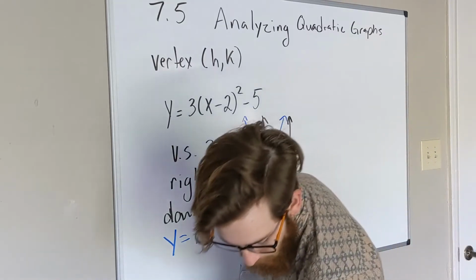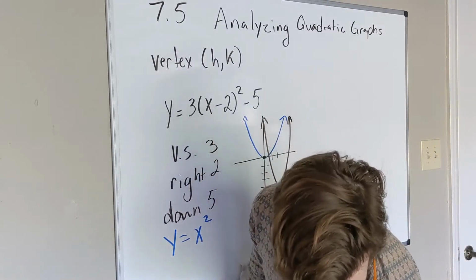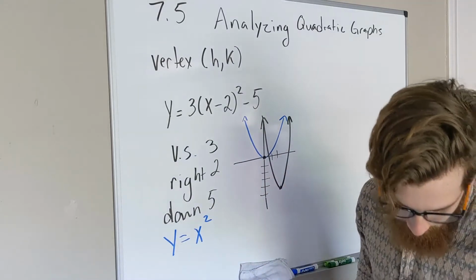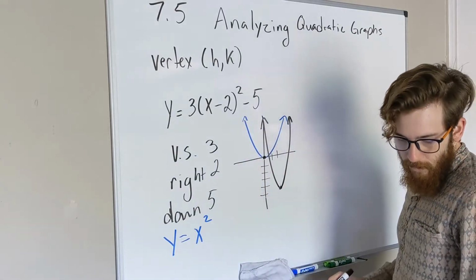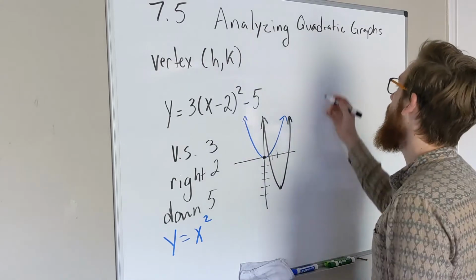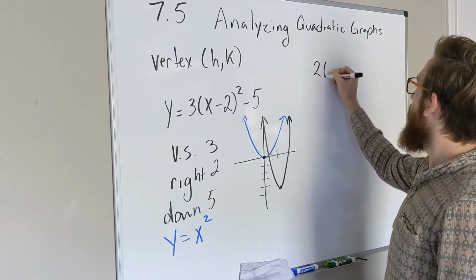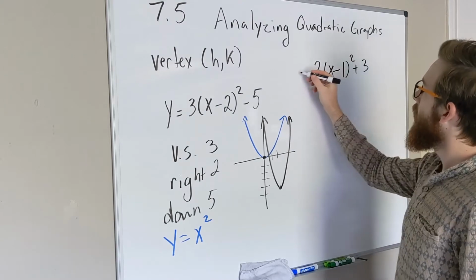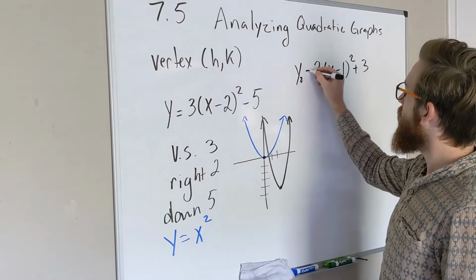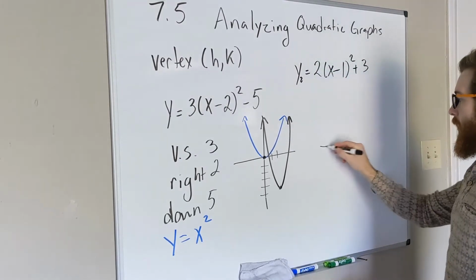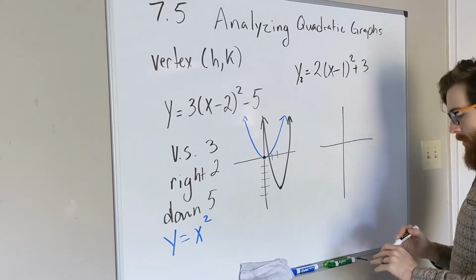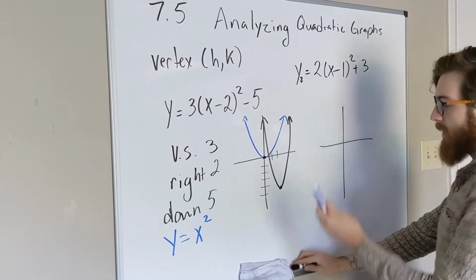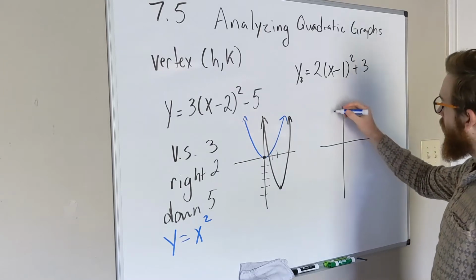Okay, and I'm going to use an example from the book real quick. 2(x minus 1) squared plus 3. So if we have this function, once again, blue will be the parent function, the original.